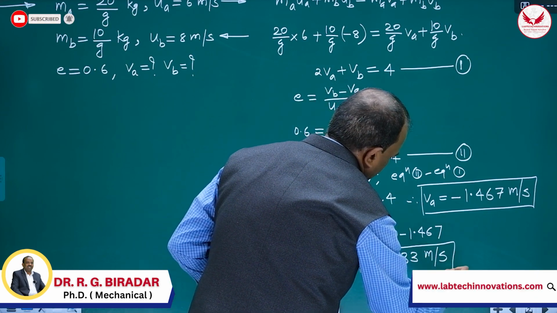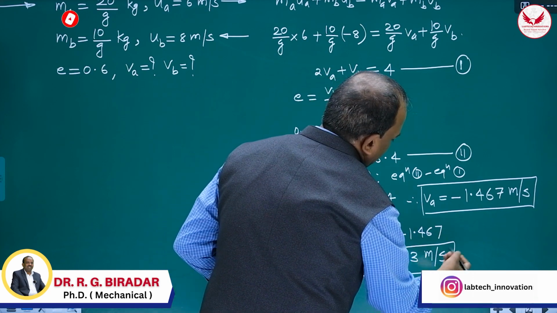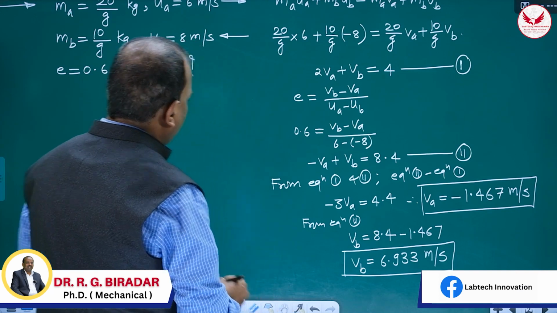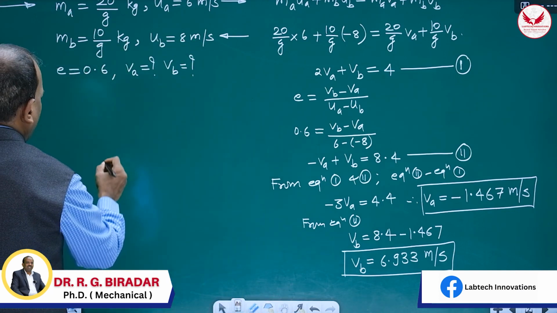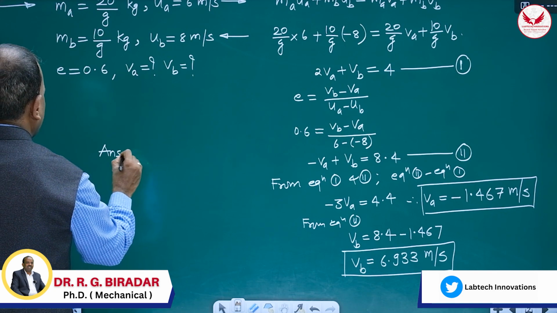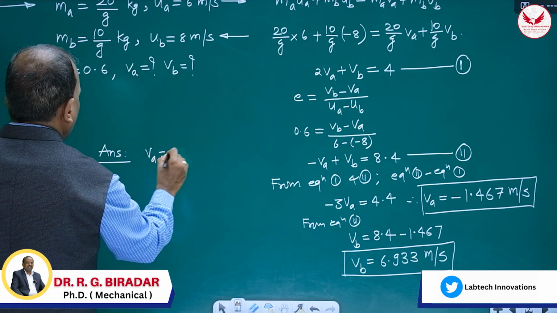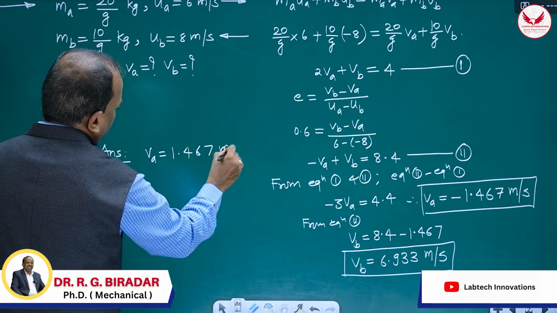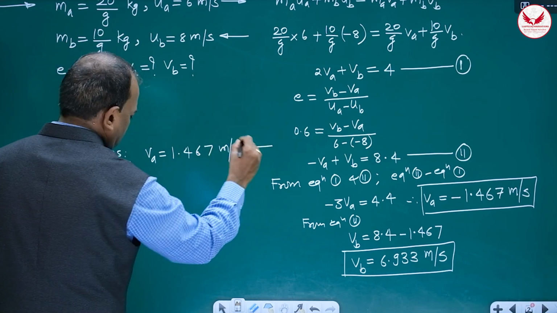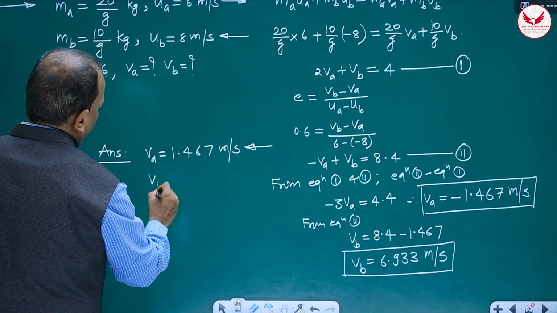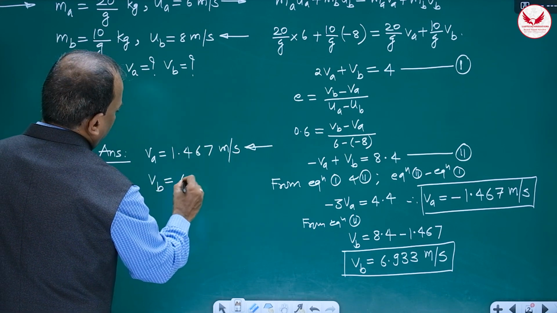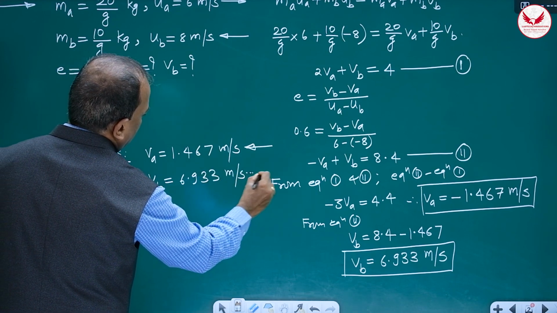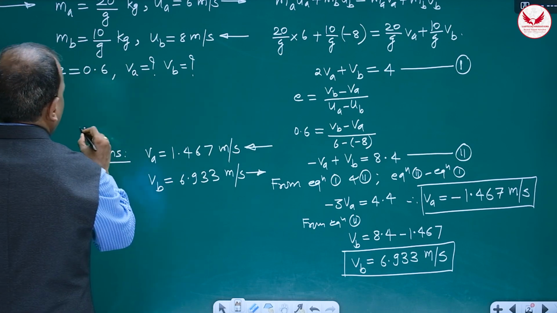And this indicates that a plus value is there, so it is going to be towards right. Means at the end, I'll write these answers on this side. You can write below it. Answers will be VA is equal to 1.467 meters per second towards left, and VB is equal to 6.933 meters per second towards right. So these are the answers of this example.